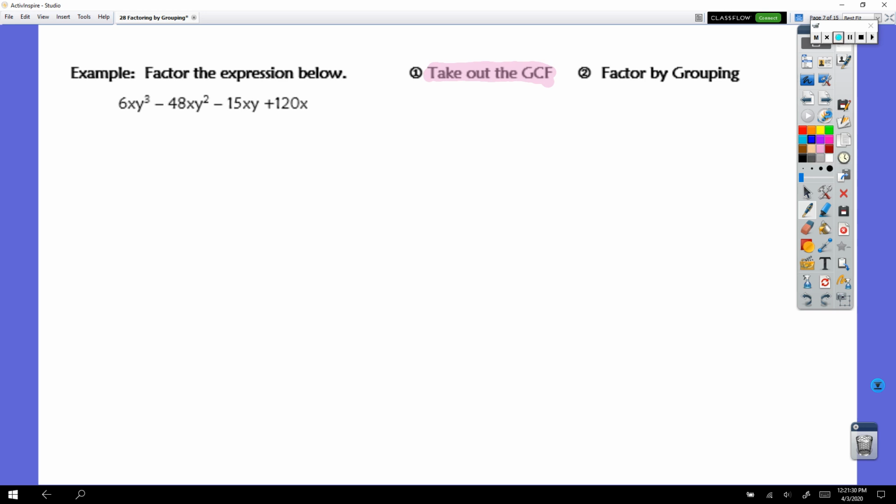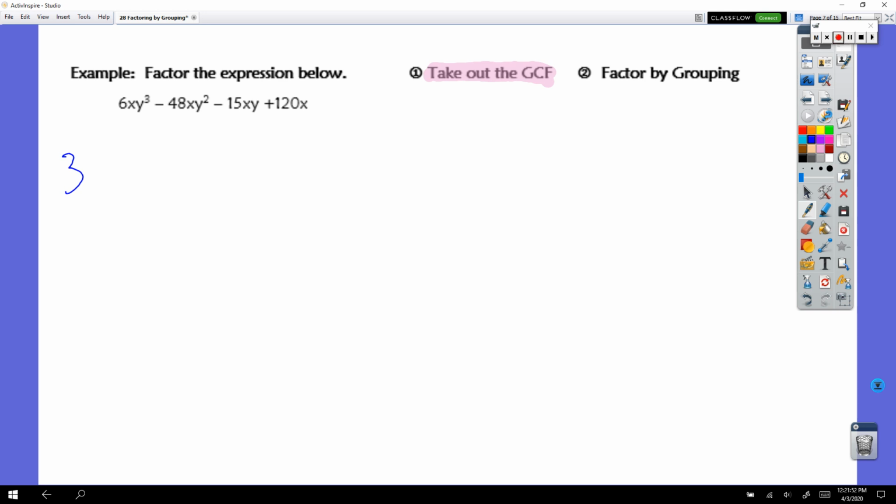So we've got these 4 terms, and I'm looking at all of the terms: 6xy to the third minus 48xy squared minus 15xy plus 120x. I feel like I can take a 3 out of each of the coefficients.